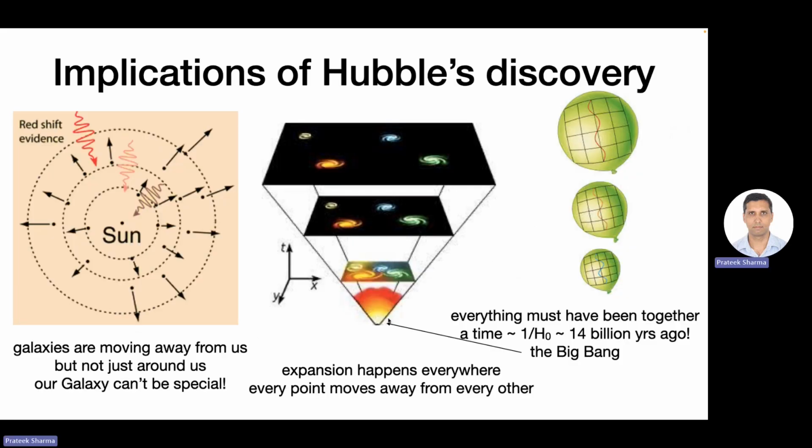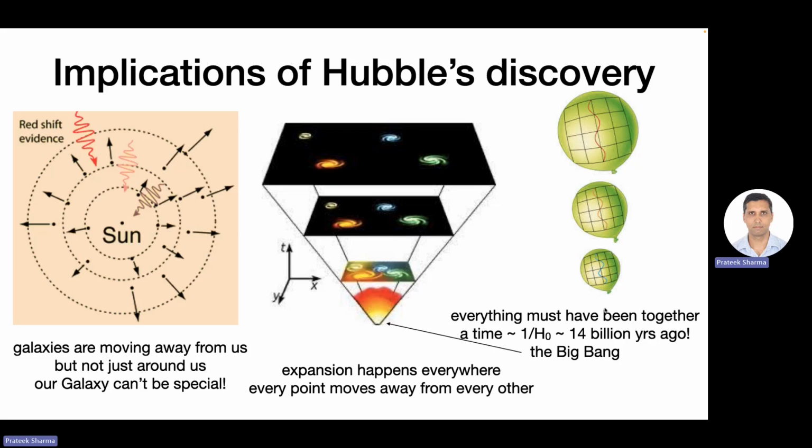Right, so this is the interpretation that things started small and then expanded. And of course, if you extrapolate too far back, everything collapses to a point, and that gives rise to this whole idea of the Big Bang, that the universe is not a steady thing. It had a definite beginning, and it is evolving in time.